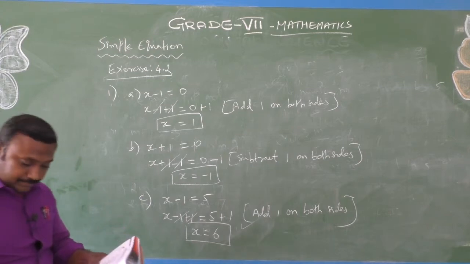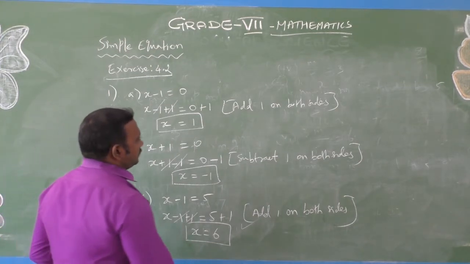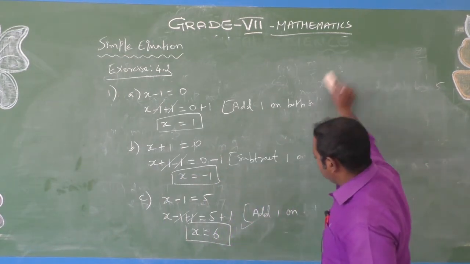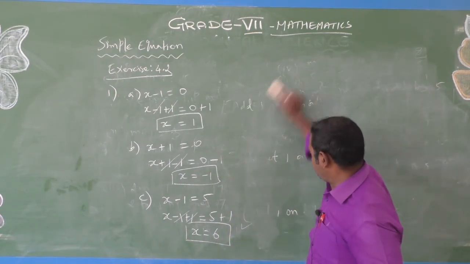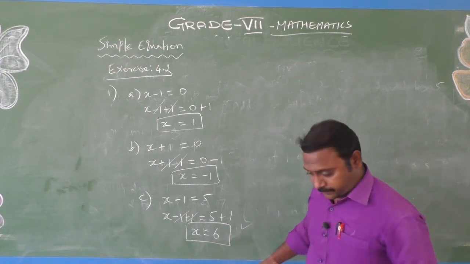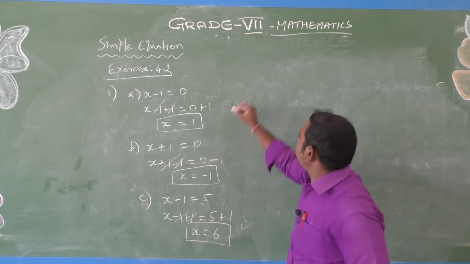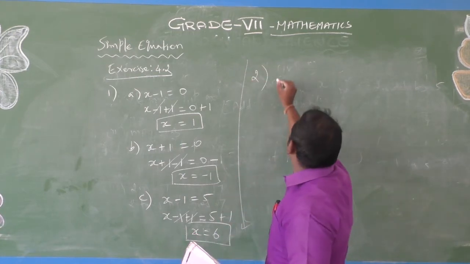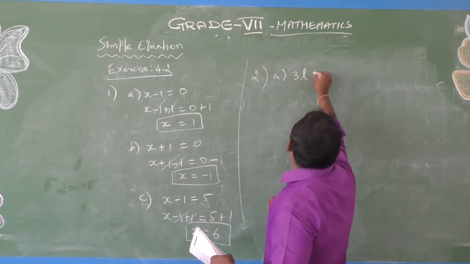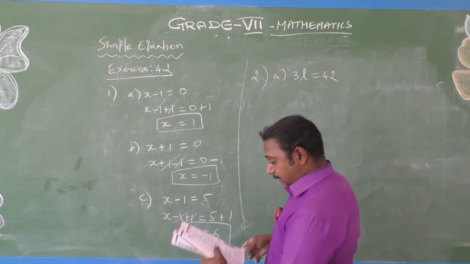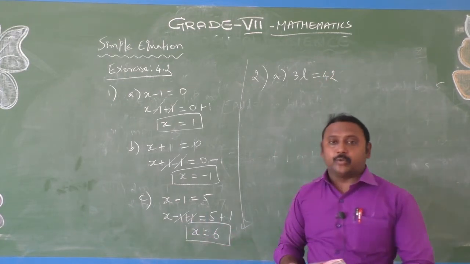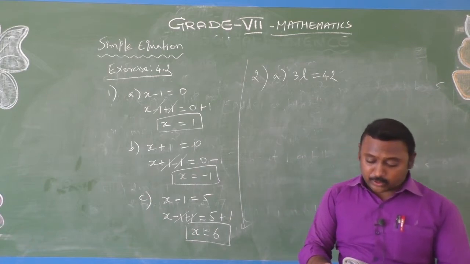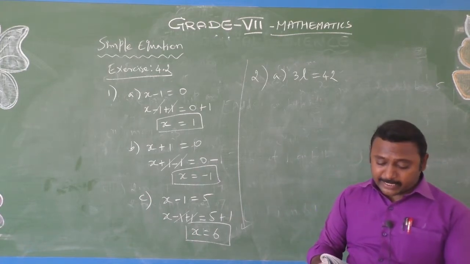Then the second sum, 3L is equal to 42. The second question is, give first the step you will use to separate the variable and then solve the equation.